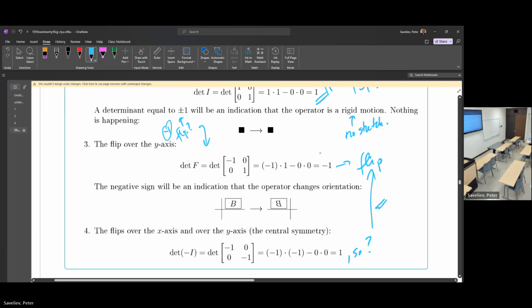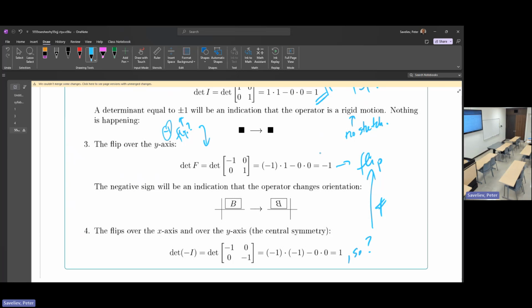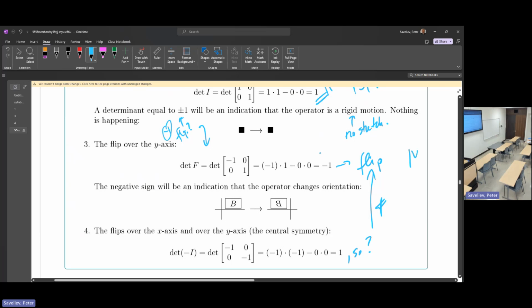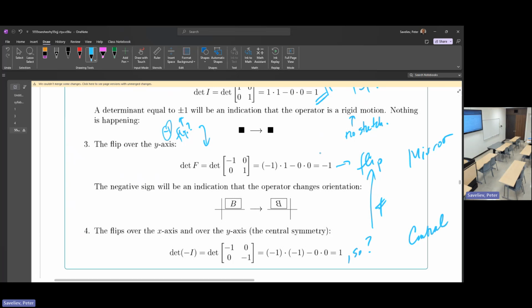That's really what it says: the difference between one flip or two flips. That's a mirror symmetry, and this is the central symmetry. And the central symmetry is two mirror symmetries, which means what? Two symmetries, one flip, the other flip. What happens?